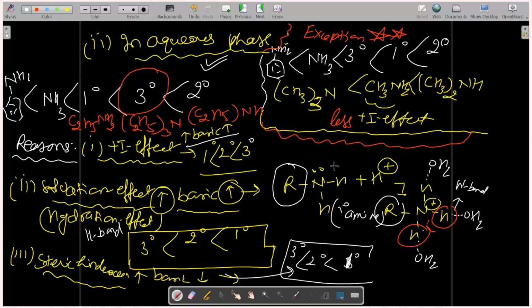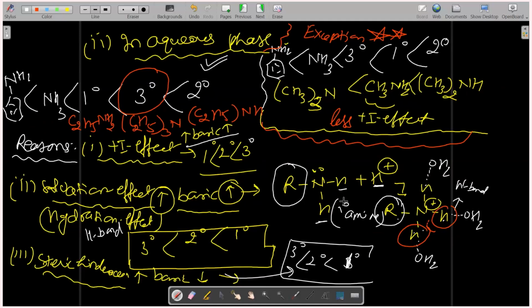When a primary amine accepts a proton, it converts into this ammonium salt. There is only one alkyl group, and two hydrogens of the amine plus one hydrogen by accepting a proton, so there are three hydrogens and nitrogen having a positive charge.